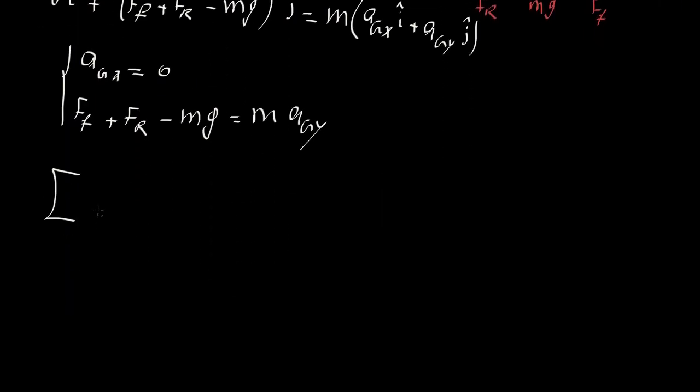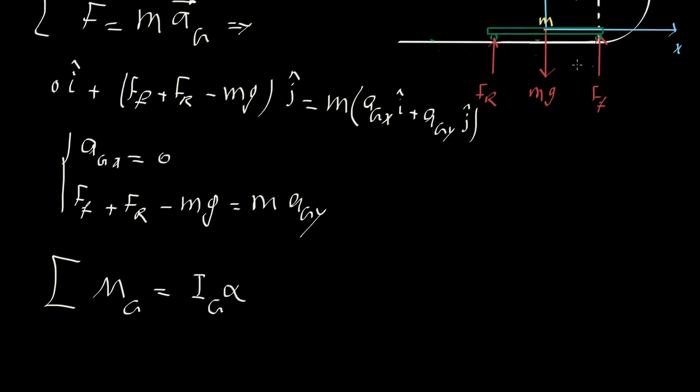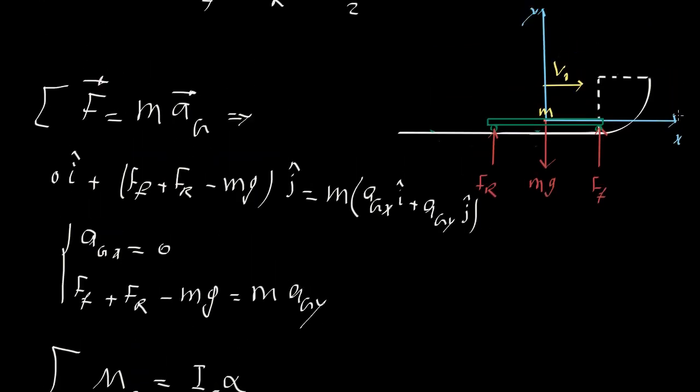Let's go to Euler equation now. So sigma M, again around point G, which is always the safest option to write down because we know that this is always true, the short version of Euler equation. So let's calculate the moments here. We are going to have F_f times L over 2, and the moment is going to be in the positive k direction. Or you can do the vector calculation. The moment of this force would be r cross F, and r here is just L over 2 in the i direction cross F_f in the j direction, and the result would be F_f times L over 2 in the k direction.